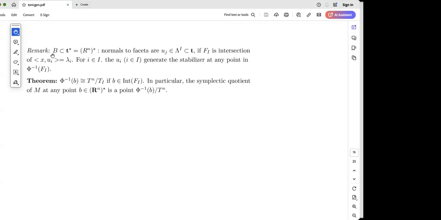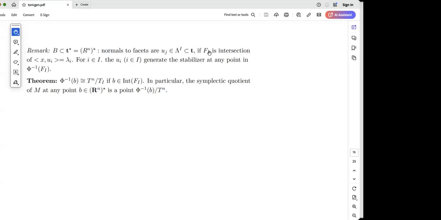So finally, B is a subset of the dual of the Lie algebra of the maximal torus, which is R^n star. And we write the normals of the facets as u_j. These are in the integer lattice of the Lie algebra of the maximal torus.